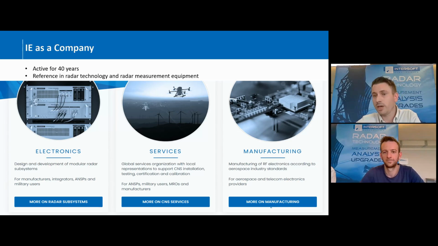This includes training, how to do procedures, maintenance, even certification and commissioning. And our third pillar is everything around manufacturing. If we can design and develop radar technology, we also want to build it against the highest standards.